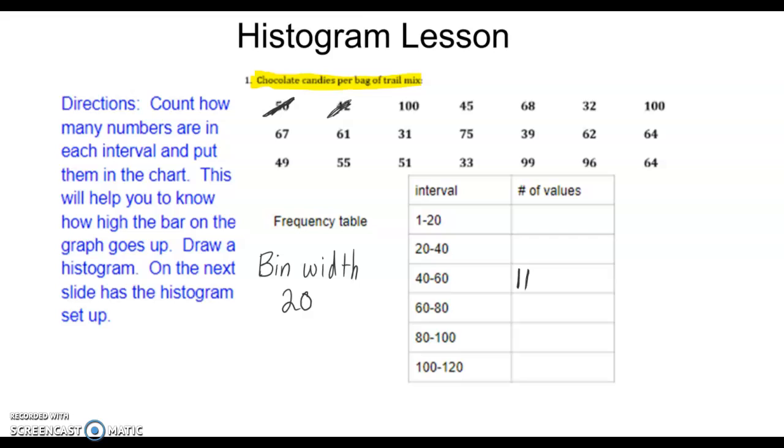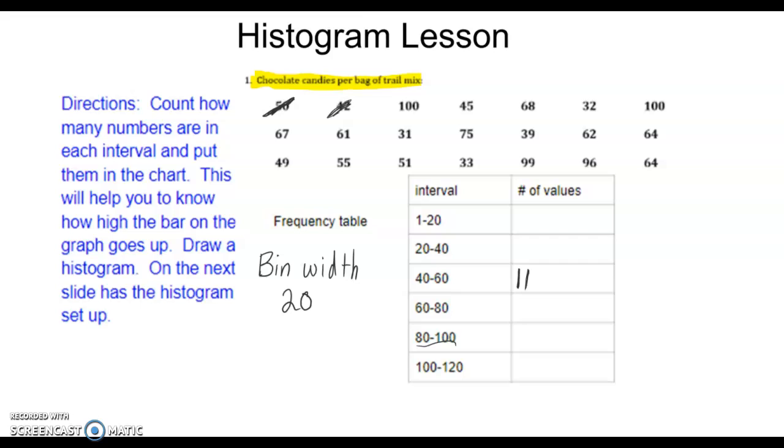Now with 100, we need to determine which bin we're going to put that in, or what interval we're going to put that in. It doesn't matter as long as you stay consistent. If I put 100 in the 80 to 100 category, that means I would have to put 80 in the 60 to 80 category.